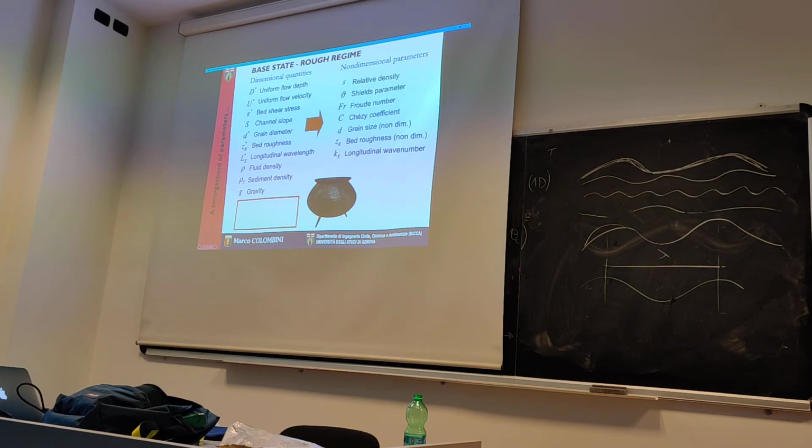It's a concept I have to insist on a lot with the second-year bachelor students, because dimensional and non-dimensional things are, let's say, black magic. If the other one is magic, this is black magic.